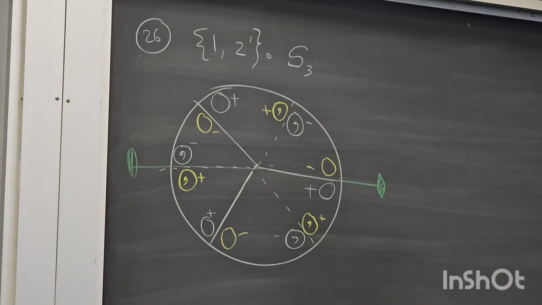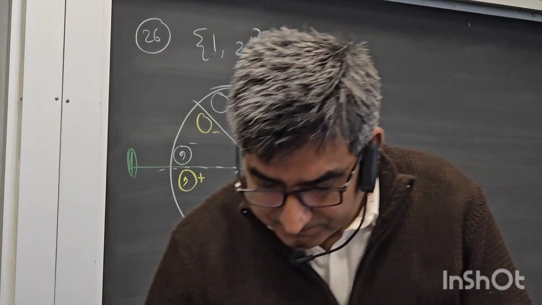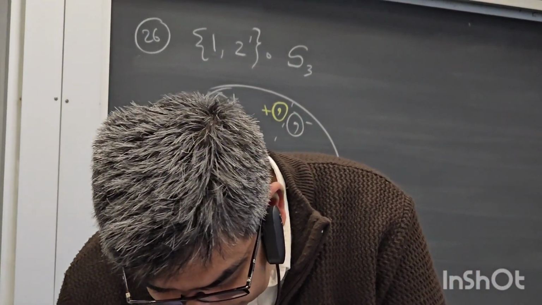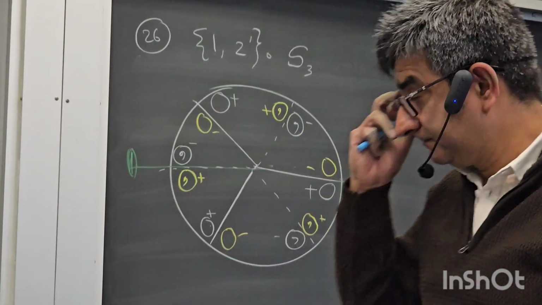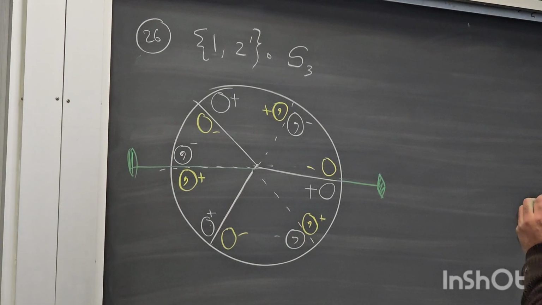Now the symbol for this is... is there a middle plane over here? Any middle plane? Full horizontal.